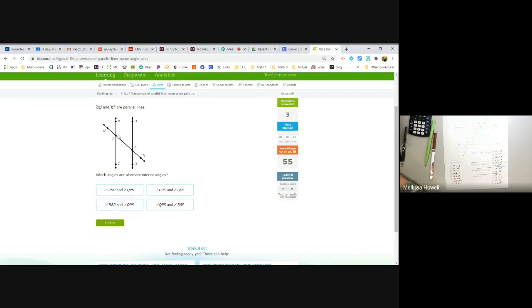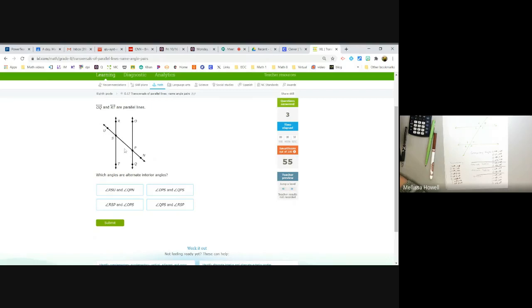RSP and OPS. Nope. OPS and QPS. Nope. QPS and RSP. Oh, QPS right there and RSP right there. There it is. That's the one.